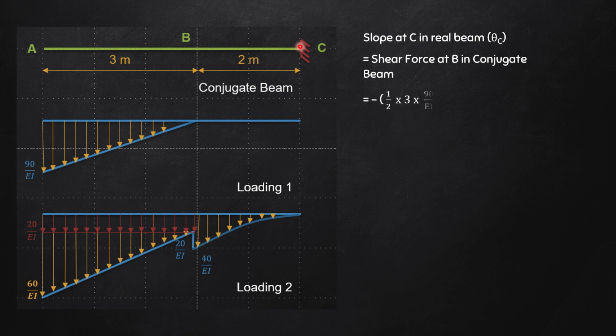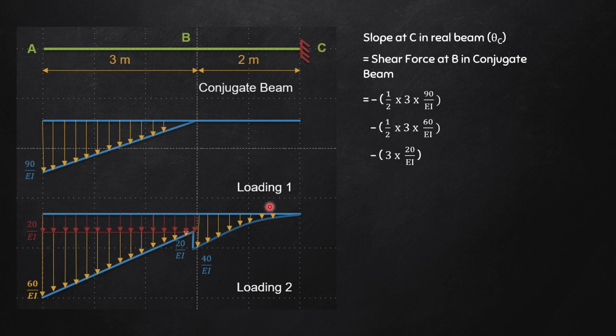So one at a time, this loading is half into base into height, it is already there, minus this UVL, minus half into base into height, this also you know. Then I am taking this 20 divided by EI multiplied by 3, right? This also was the same in the previous case.